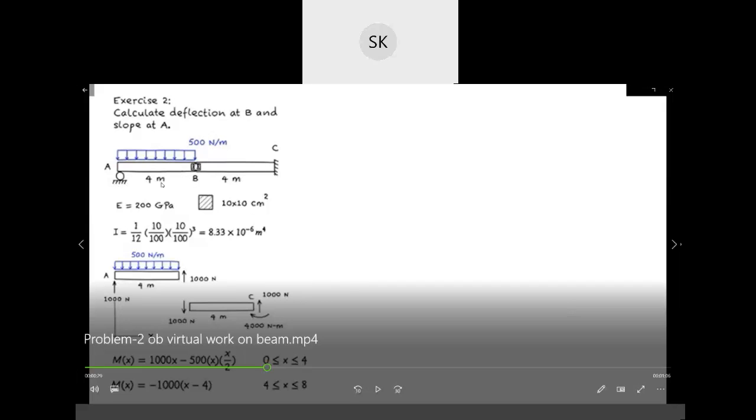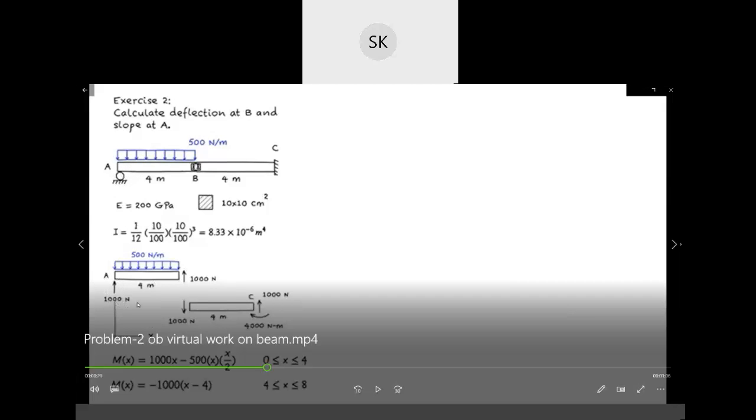So the first section will be 0 to 4 and then 4 to 8. For 0 to 4, your bending moment equation will be 1000x minus 500x times x by 2. 1000x means this reaction. I have not explained how to find the reaction. There will be one reaction at A, right? This is the general thing.